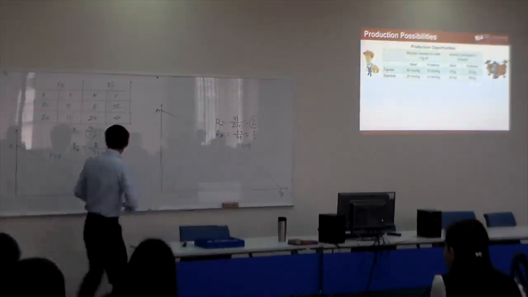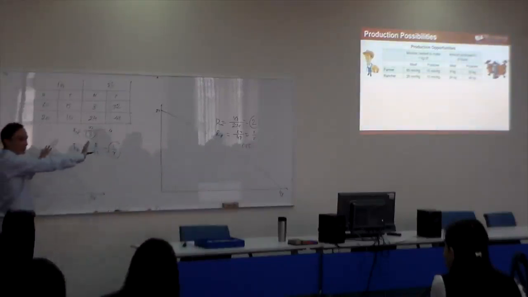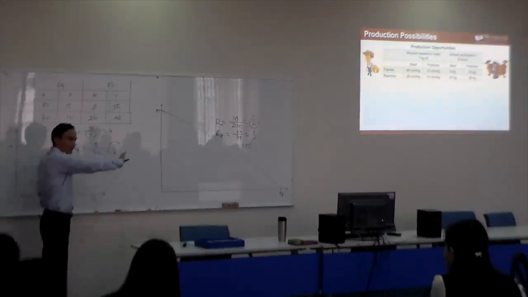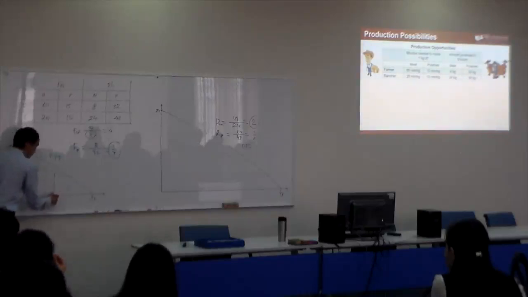Let's suppose now, based on Adam Smith's theory, these two, rancher and farmer, are not trading at first. They want to consume both goods, which means they allocate their time equally.